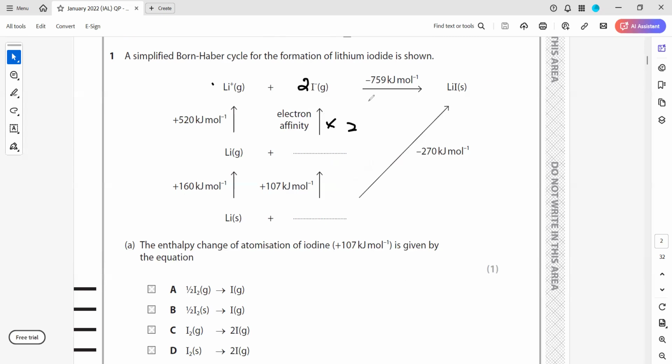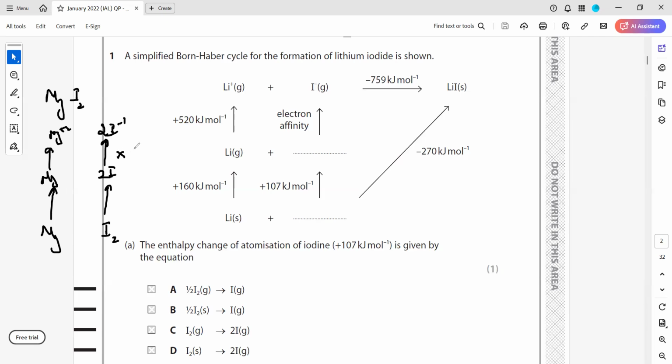If it was, let's say, magnesium iodide, first we'll have magnesium, and then we'll have iodine atoms. So this is atomization and then ionization, the magnesium 2 plus will be there and it will form 2 iodide ions. So this affinity will be multiplied by 2 in that case, because for one ion it is X, for 2 it will be 2X.